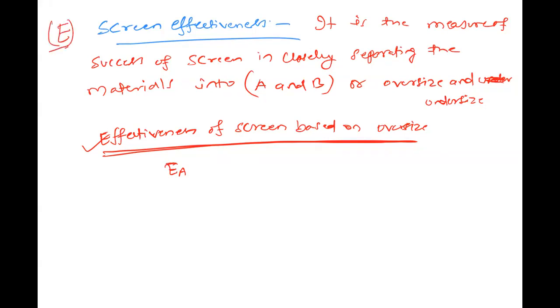A is here oversize and B is undersize. So EA equal to what? Can I write amount of materials oversize in D divided by amount of oversize in F? Yes or no?